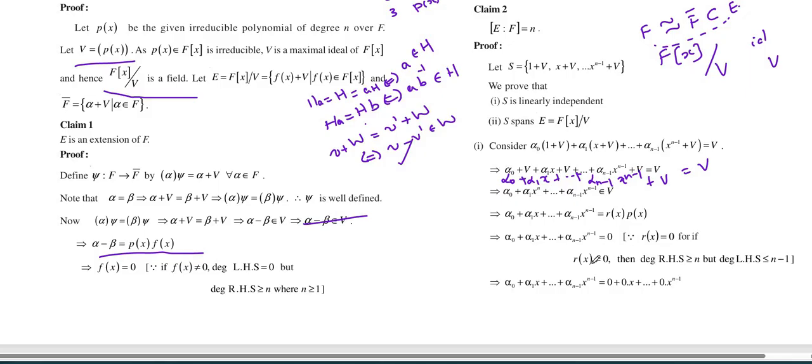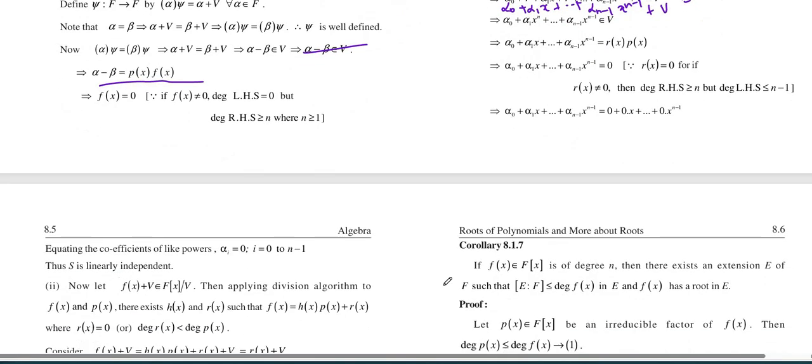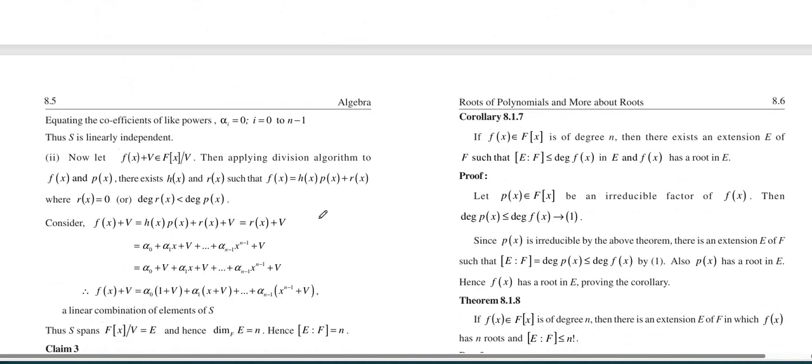We need to choose our R of x to be 0. So that in turn gives, we are rewriting 0 in this way. So equating coefficients of like powers, we get each alpha i to be 0, i ranging from 0 to n minus 1. Therefore, the linear combination equated to the zero element shows the scalars are 0, which means the collection is linearly independent. That is, S is linearly independent.